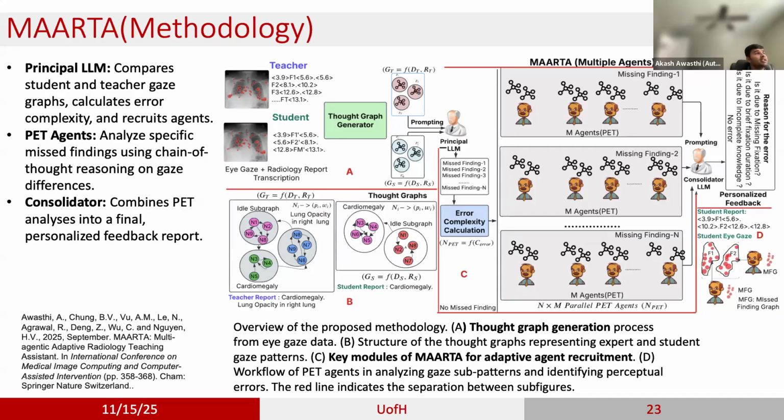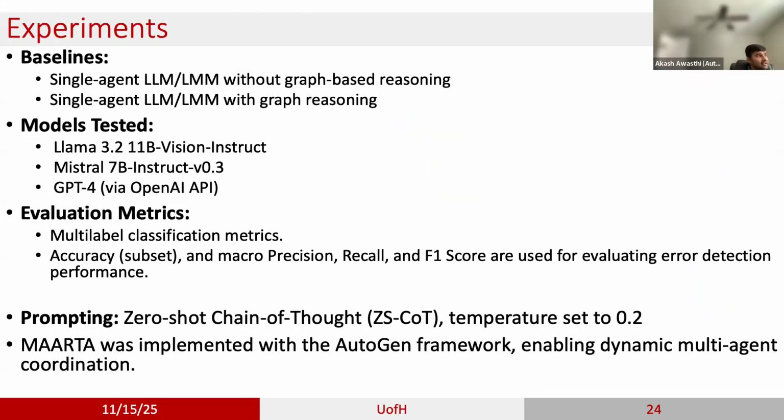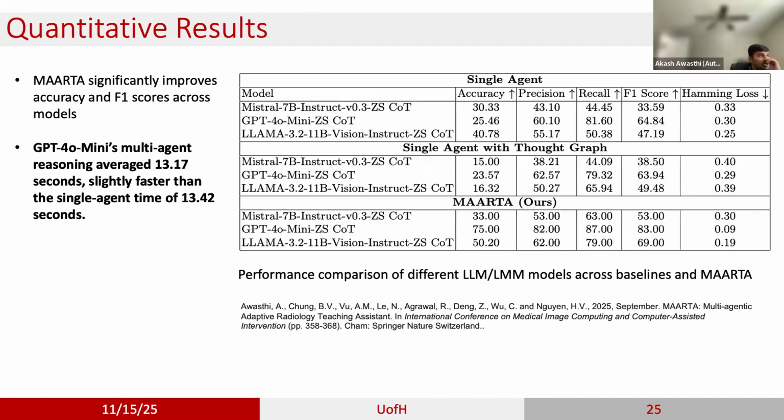Again, the same models were tested as we have seen in SCoT, with zero-shot prompting. Each agent used zero-shot prompting, and we used the AutoGen framework to develop this methodology.